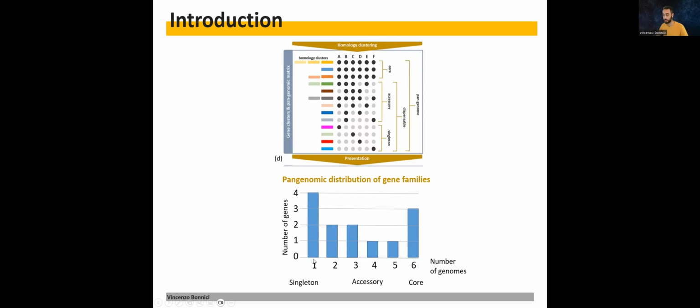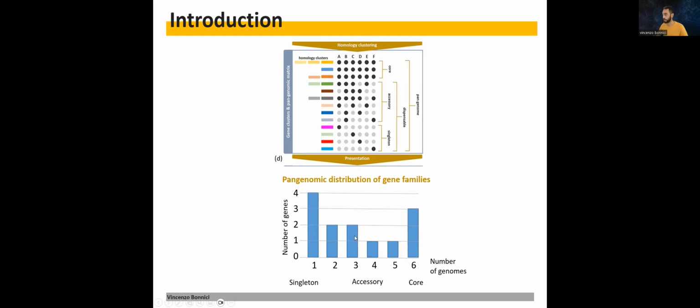So for example, here we found 4 genes that were present only in one genome, so they were singleton. On the contrary, we found three gene families that are present in every one of the 6 analyzed genomes, so they can be called core genomes for our analysis. And in the middle, we have all the accessory genomes.